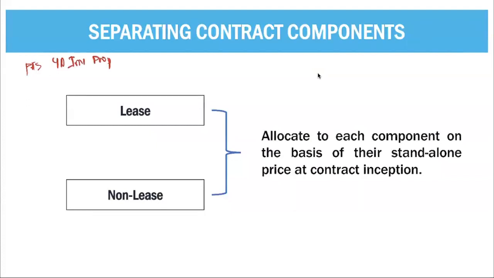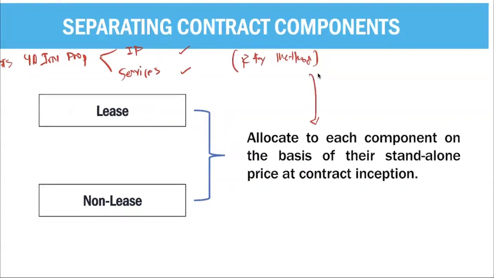In investment property, you need to separate the contract regarding your investment property and the different services provided, such that you account properly for the amount for investment property and your services using your relative fair value method. What is your relative fair value method? Again, you allocate to each component on the basis of their standalone price or their fair value at contract inception.